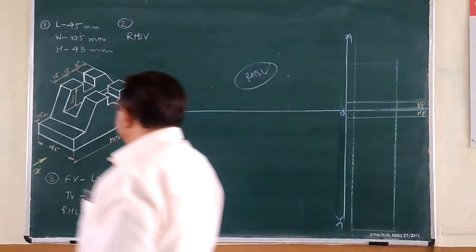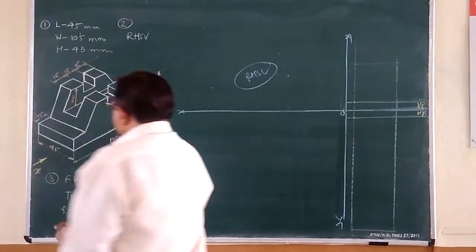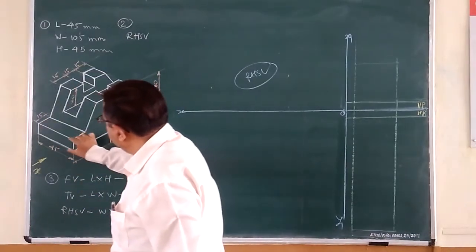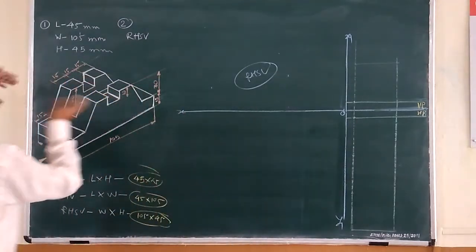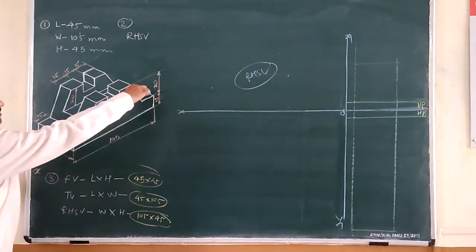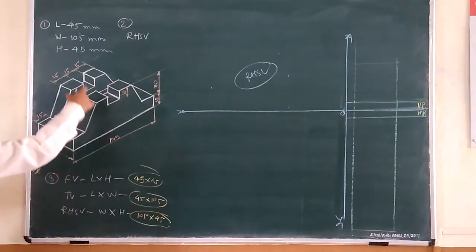Now all this distance, just see here. See the object here. For example, this is a 15 mm step. This is 30. But in the top view, just go on observing this bit, this bit, this as well as this, vertically, not slant.